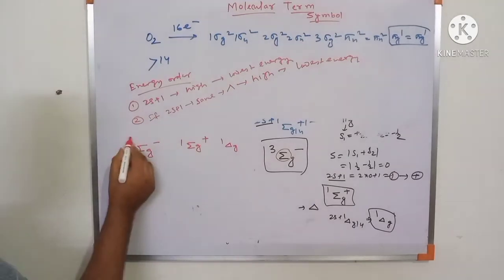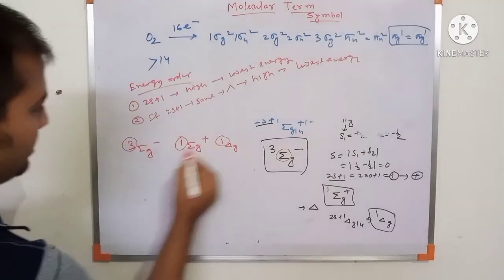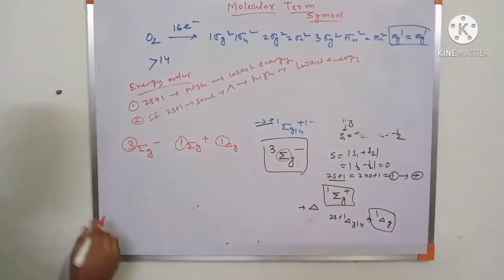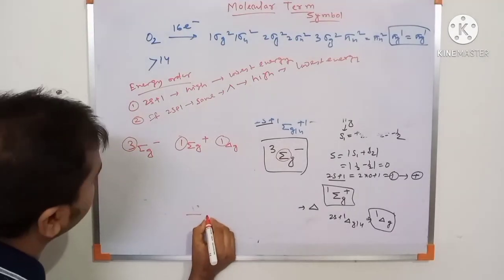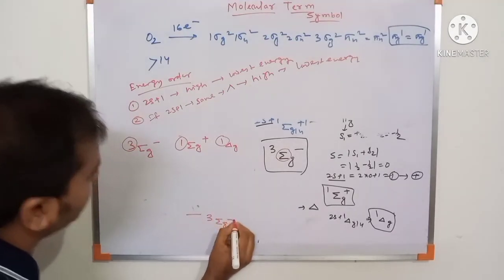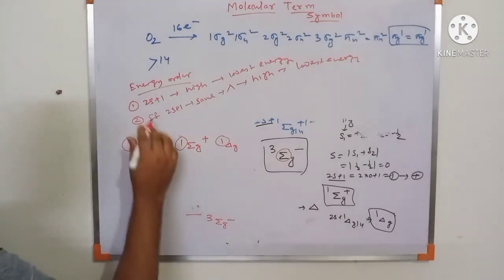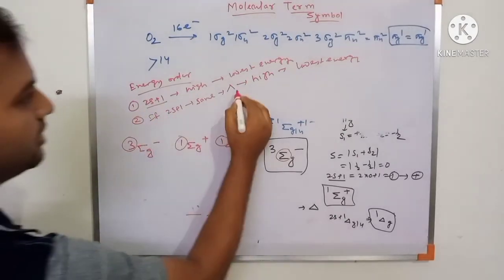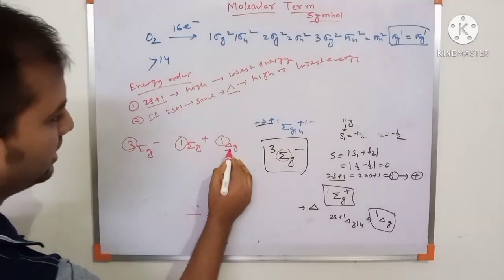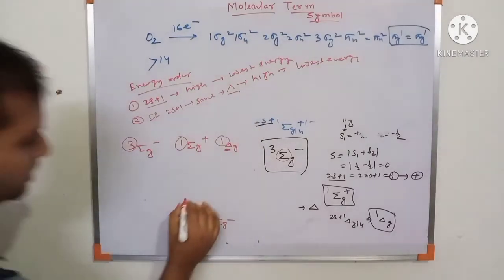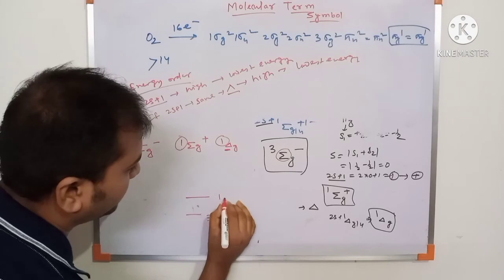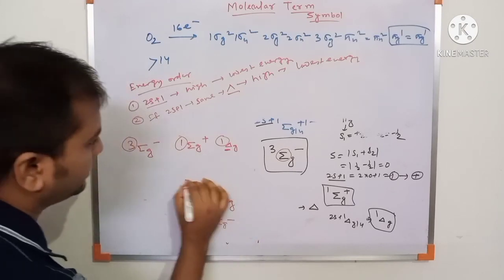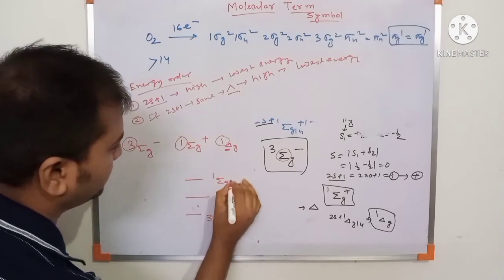First check 2S plus 1 value. So this is the highest value, so this is lowest energy. This is 3 sigma g minus, lowest energy. Then check 2S plus 1 value same. Then check lambda value. In lambda value, this lambda value is high. So this is second lowest energy, 1 delta g, and this is highest energy, 1 sigma g plus.